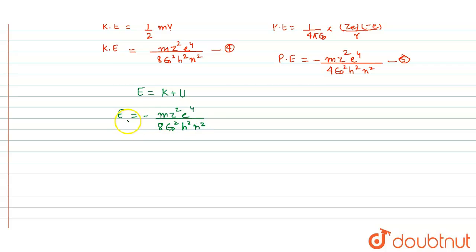So you can see here this is the energy of the electron in the nth orbit, because here we have n.